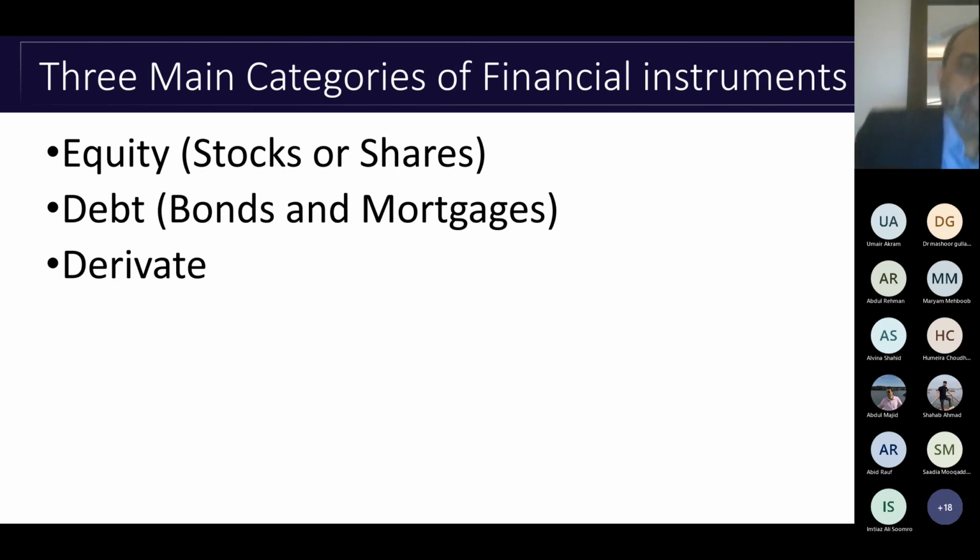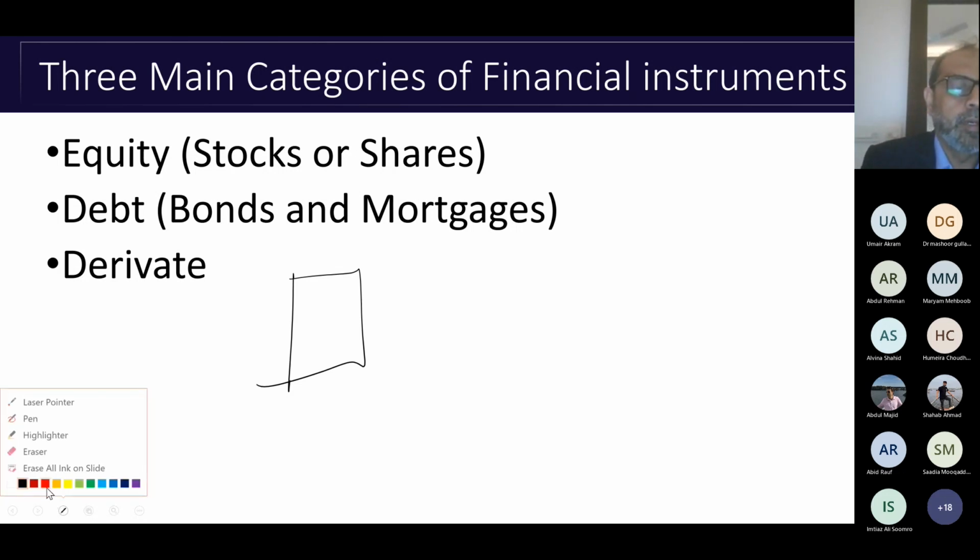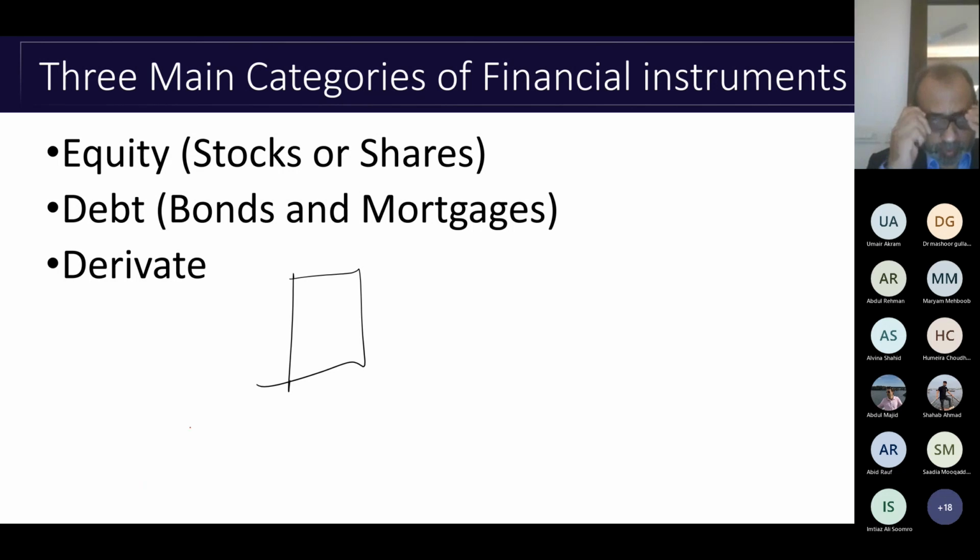And financial instruments is a mechanism where here is a business. Okay. So here is a business.